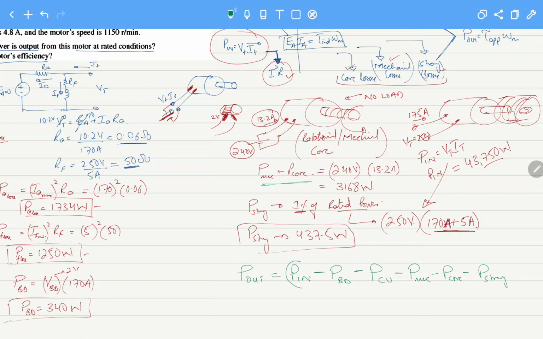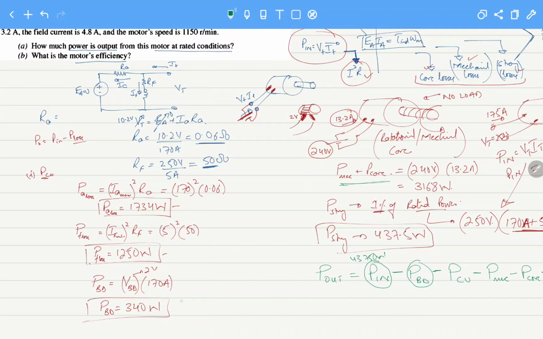Now let's look at this. What is P in? P in we have calculated, this is 43,750 watts. What was the brush drop loss? Here was the brush drop loss, this was 340 watts. What were the copper losses? Copper losses existed in the armature loss and the field loss. So this is minus 1734 watts, and we had 1250.